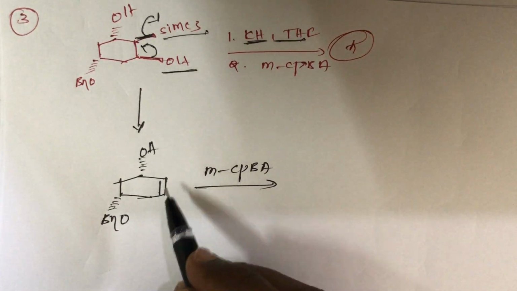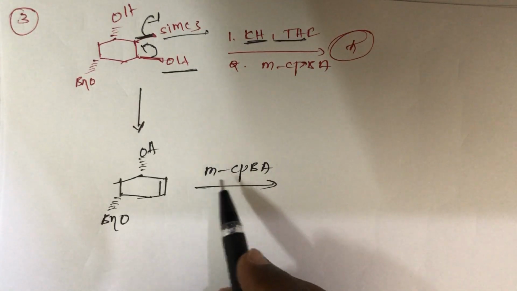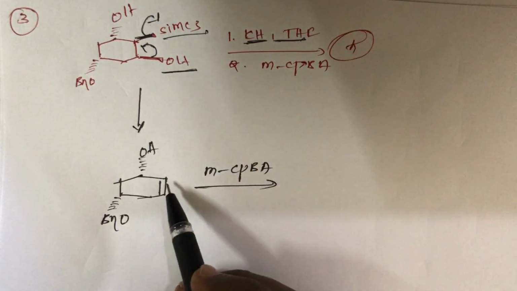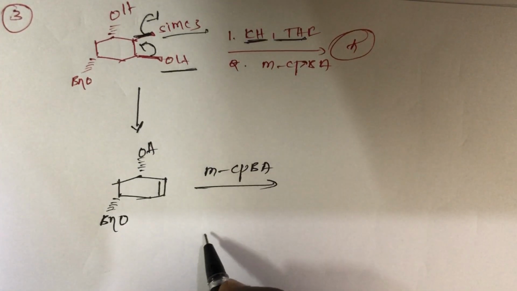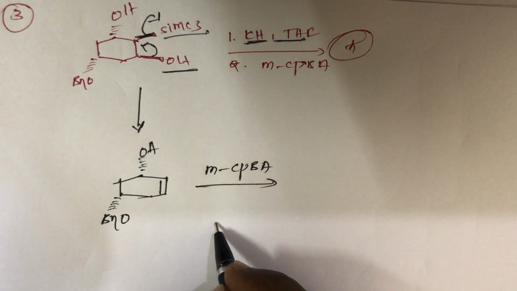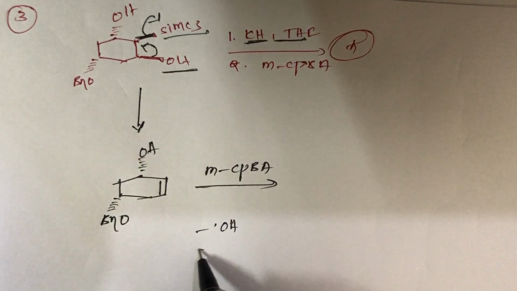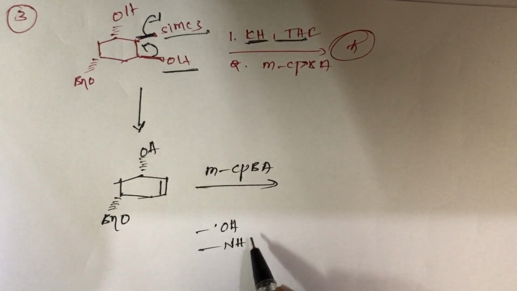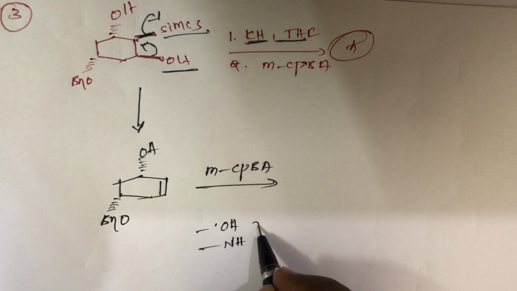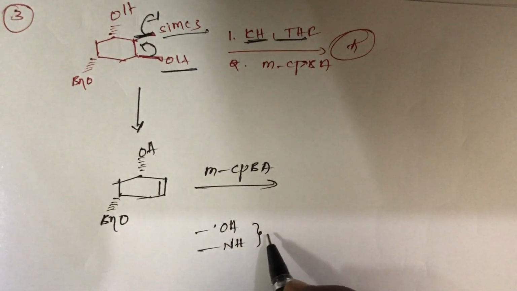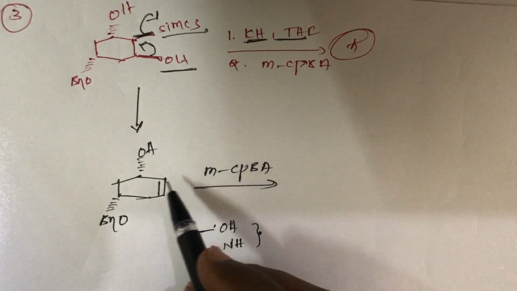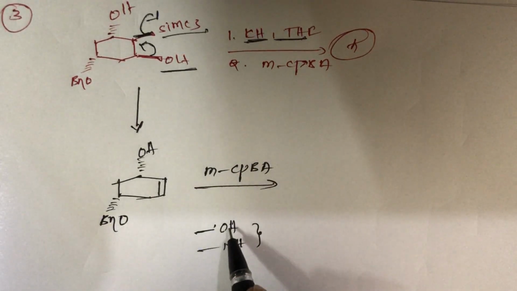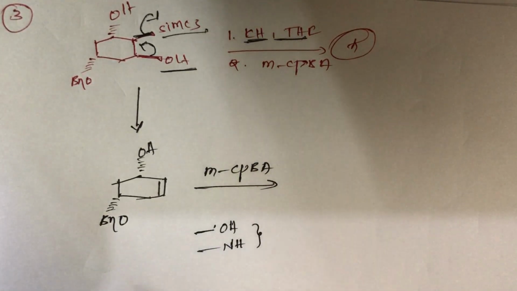So how is it going to add? This is the most important, whether above the plane or below the plane. If we have functional groups like OH or NH, if you see this kind of groups, then the epoxide will form on these positions itself.